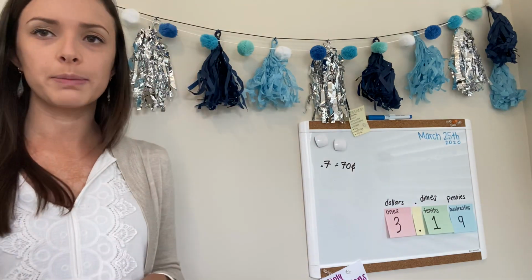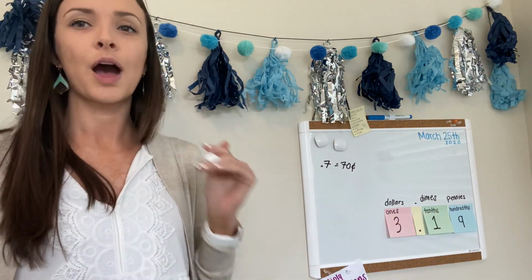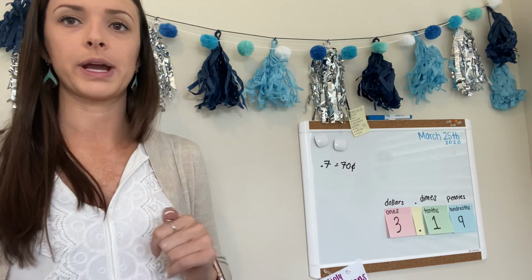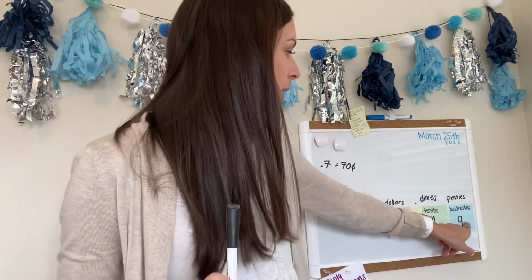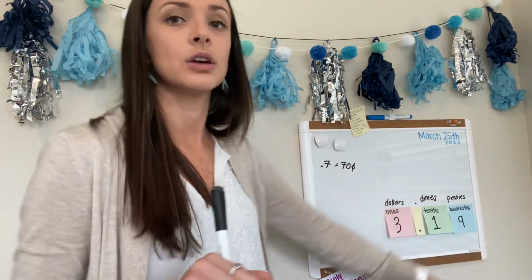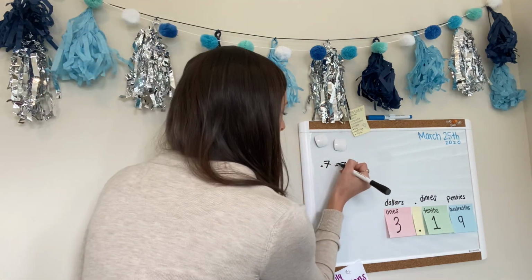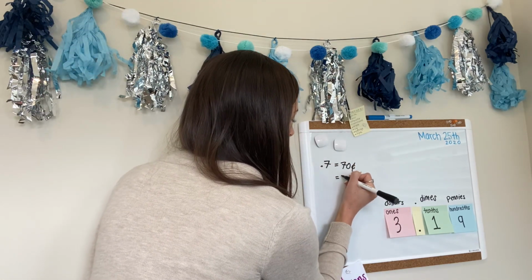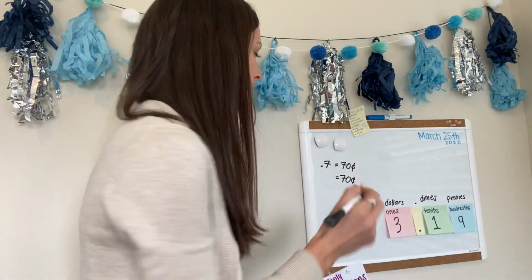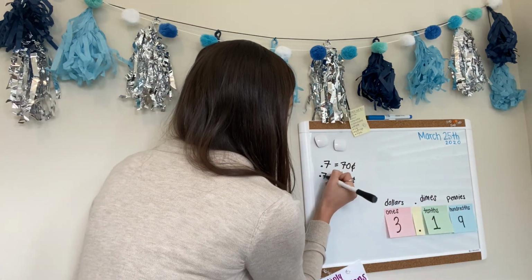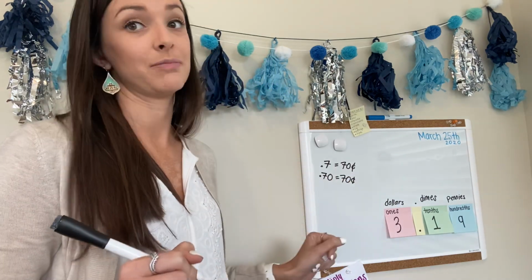If I'm going to try to make a decimal that's equivalent to this, but different, how can I show 70 cents in a different way? There you go. Now we're probably thinking of it. We can show 70 pennies. Okay, we can show 70 hundredths. So if I'm going to show this same amount, 70 cents, in a different way, I can do 70 hundredths. These are exactly the same.